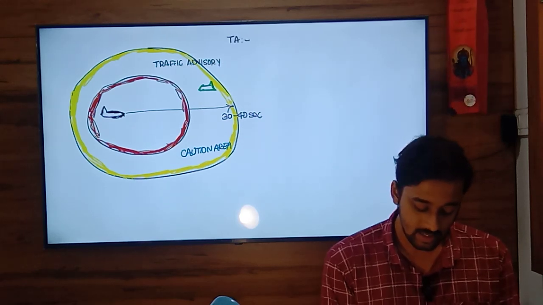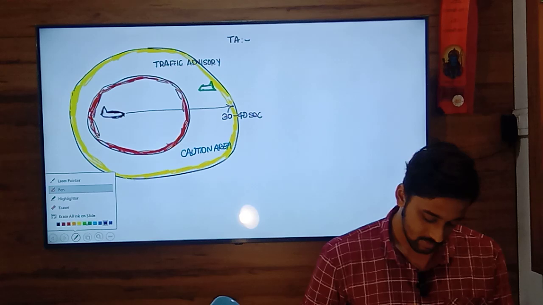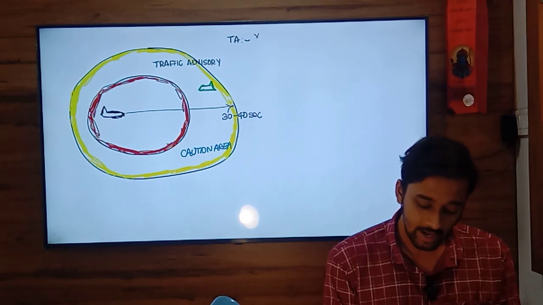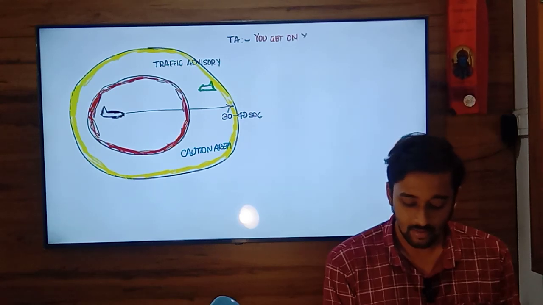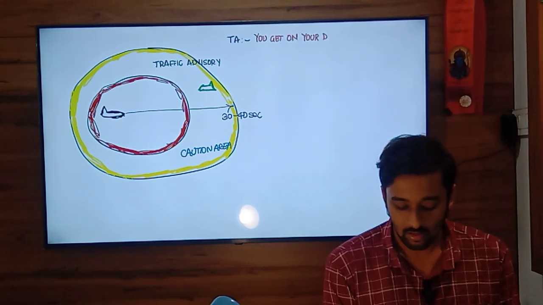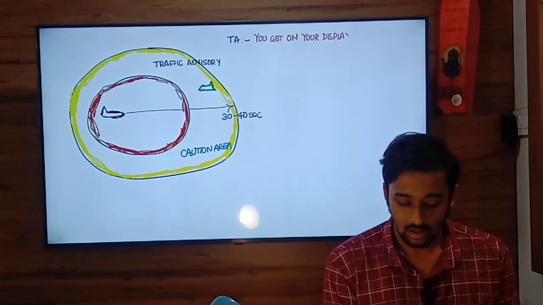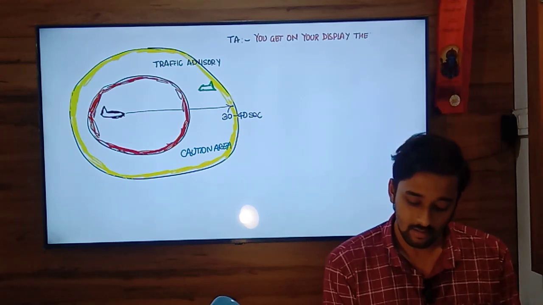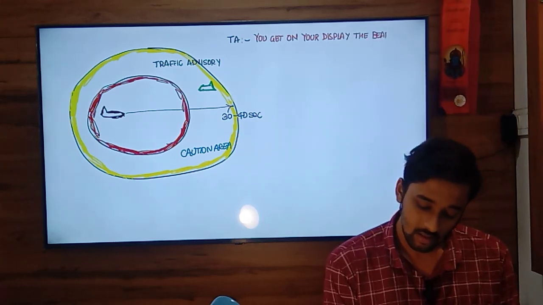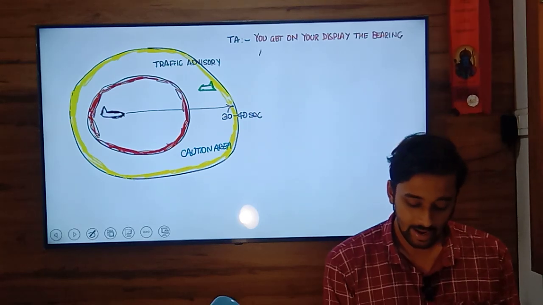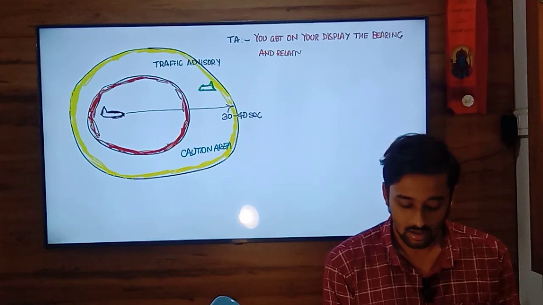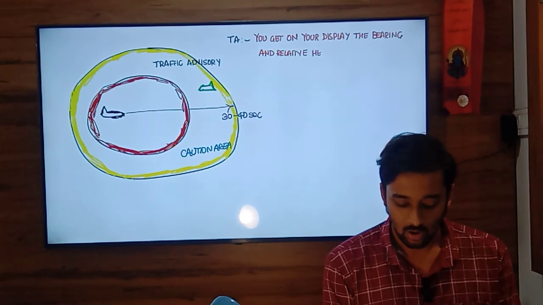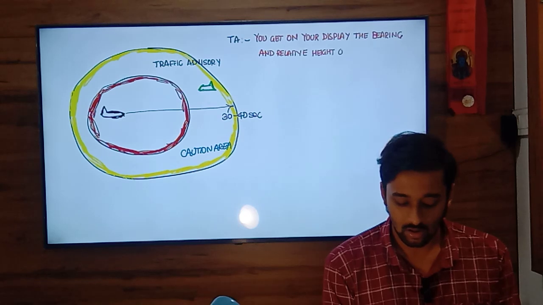Traffic advisory is, you get on your display the bearing and relative height of your traffic.